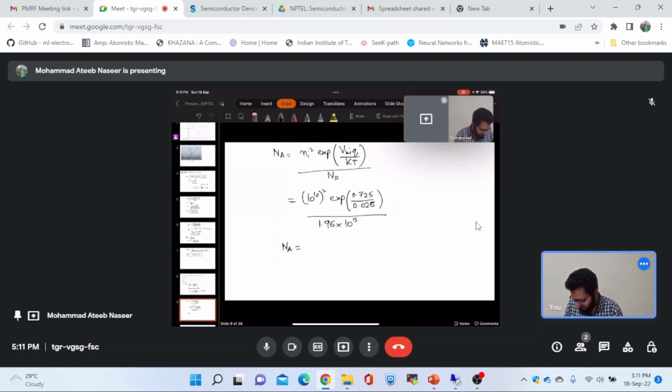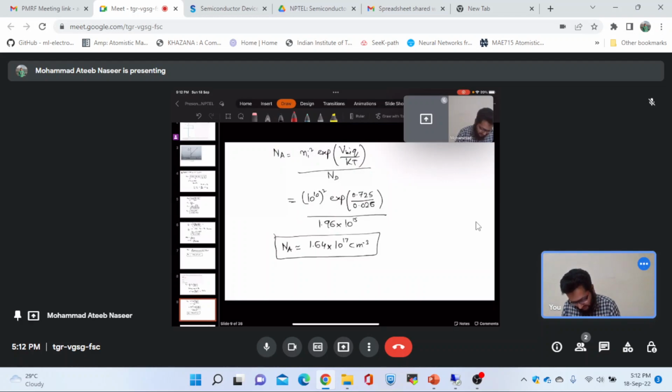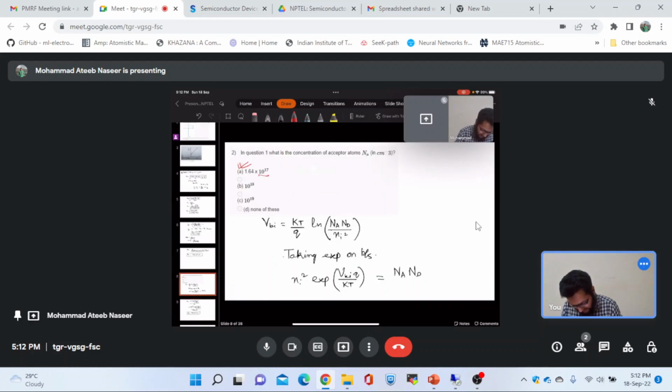It comes out to be equal to 1.64 into 10 raised power 17 per centimeter cube. So it is option A that is matching. So we will select option A, 1.64 into 10 raised power 17.